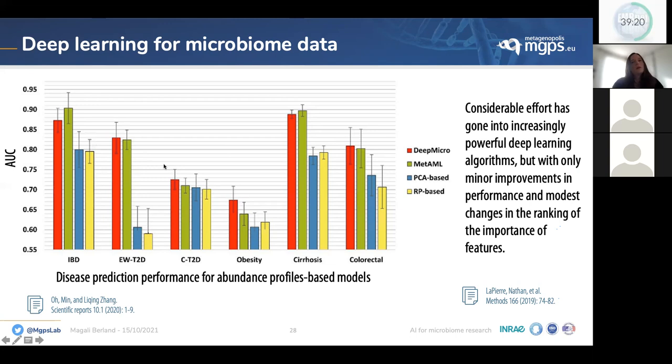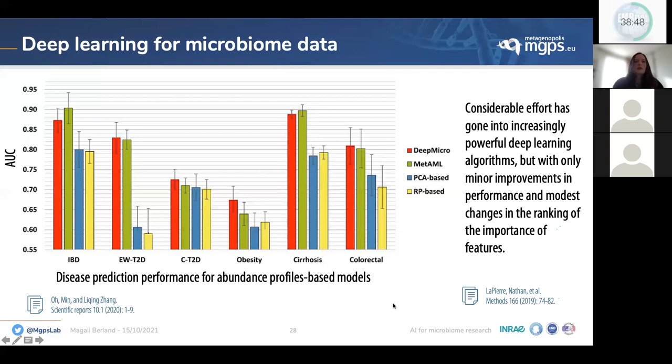There is a very nice review by Nathan Lapierre, published two years ago, on deep learning methods applied to microbiome data. And in the discussion, he says something important: that considerable effort has gone into increasingly powerful deep learning algorithms, but with only minor improvement in performance and modest changes in the ranking of the importance of features.